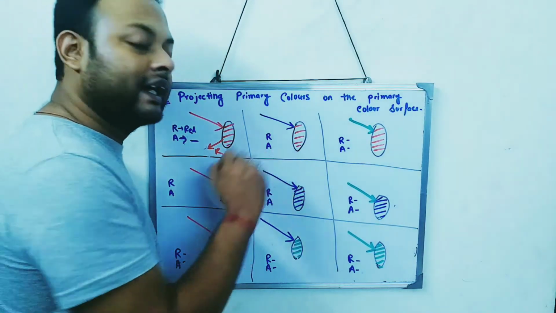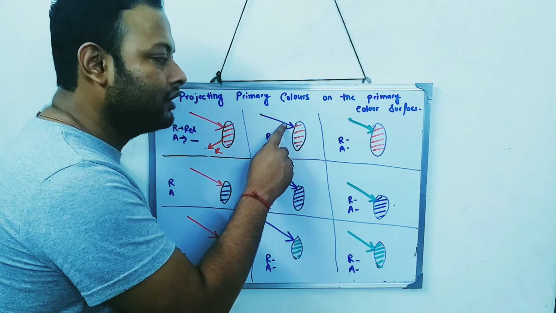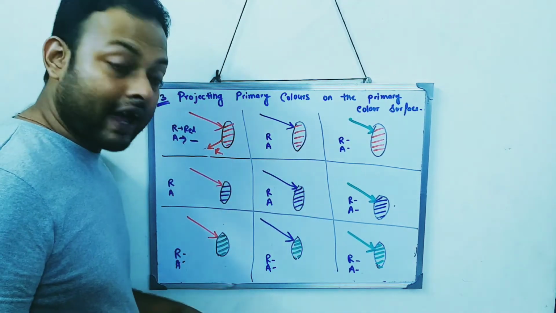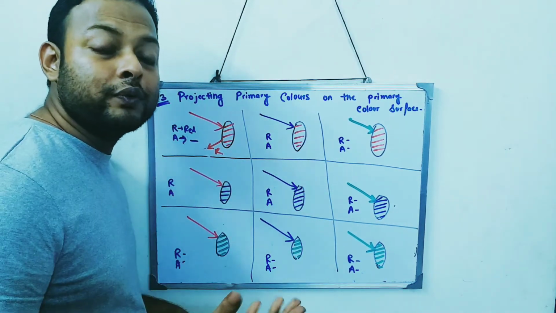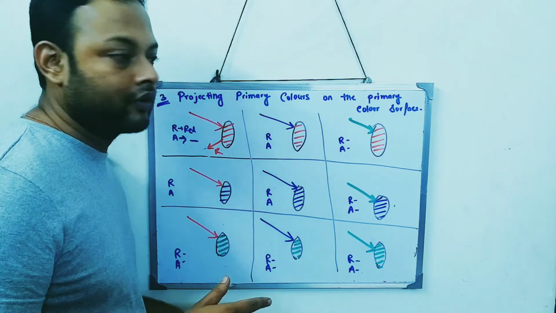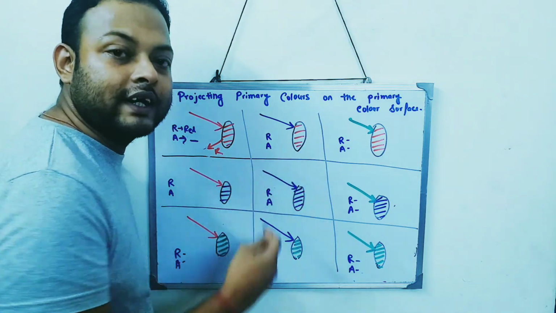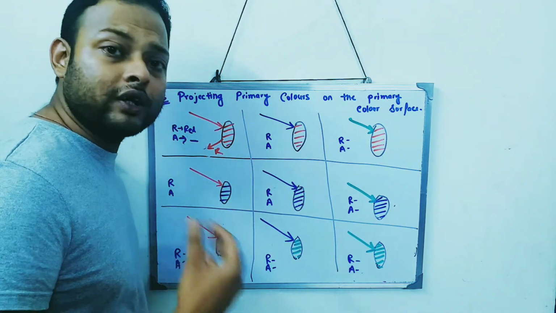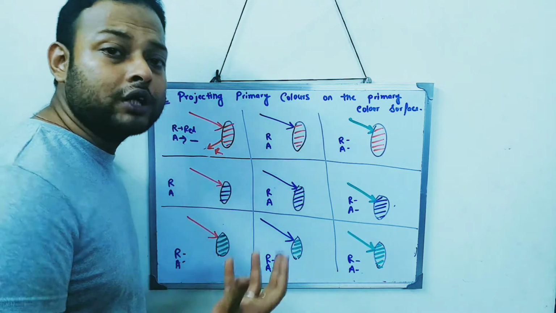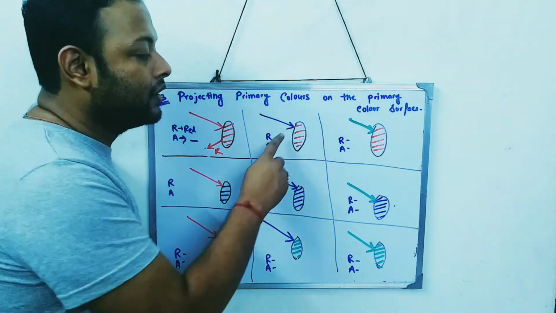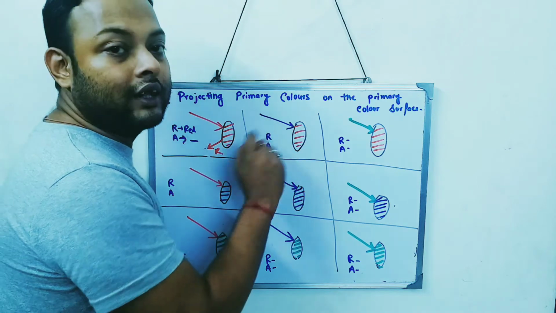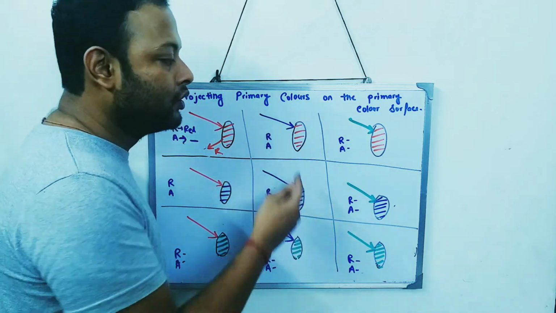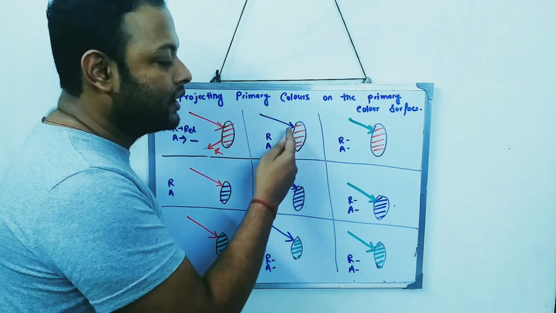Now look at the second situation. Blue color is coming on a red surface. As I told you, the surface will only reflect its own color. So the red surface always tries to reflect its original color, which is the red color. But since blue color is coming, red color is not available. So what will this red surface do?